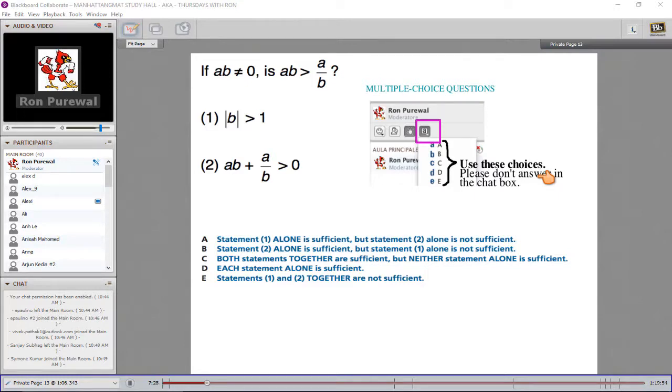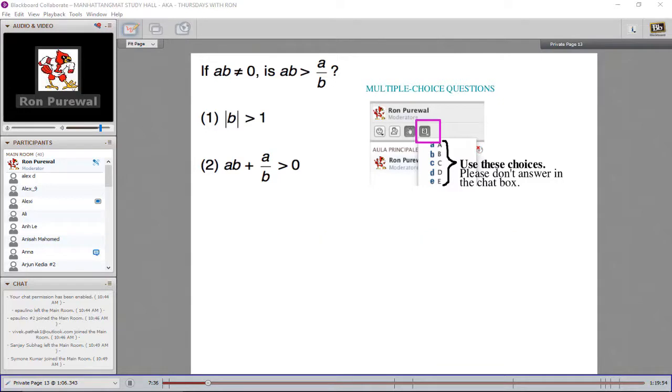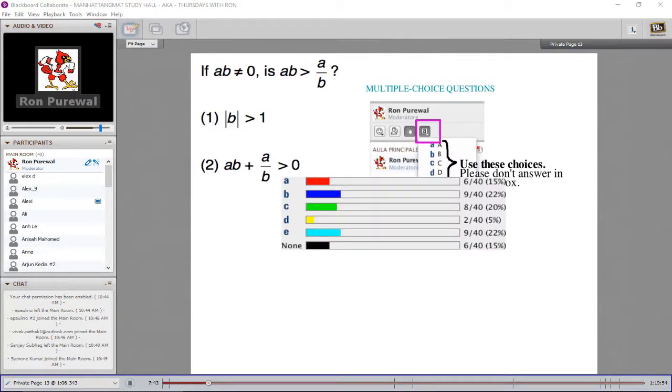Okay, let's talk about the problem. And the answers are kind of all over the place. I don't normally post answer distributions, but it's kind of interesting this time. We have like 3 answers that are most popular, which are B, C, and E. The good news is the correct answer is actually one of those.